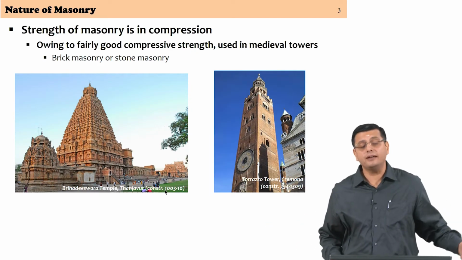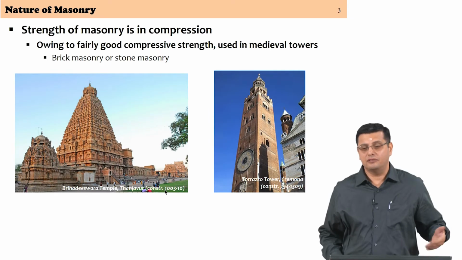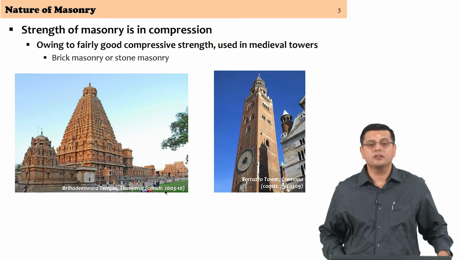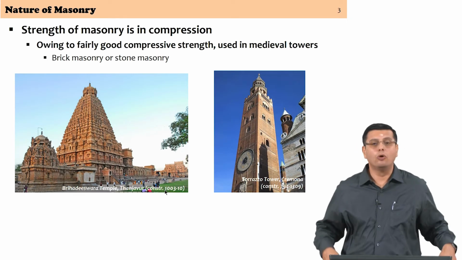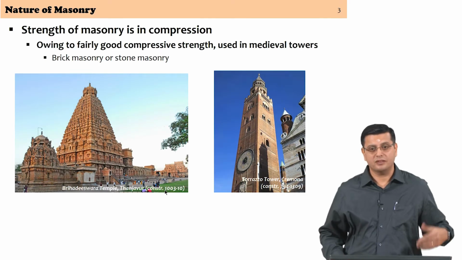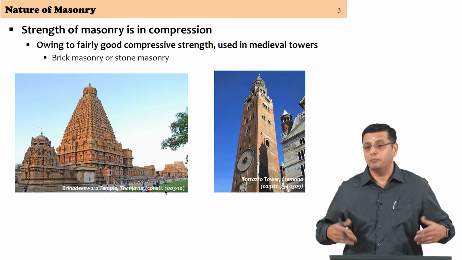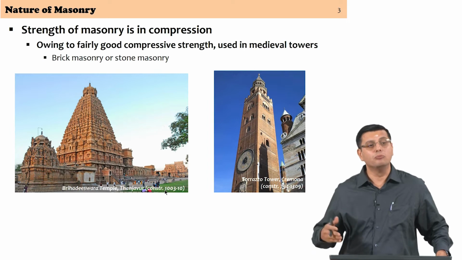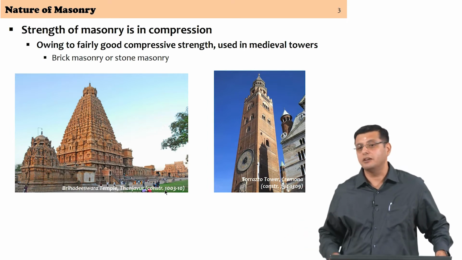And that is the reason why the figure on the left, the Brihadishwara temple with a more stable form, would have a better performance than something that is more slender and uniform in cross section all along the height.